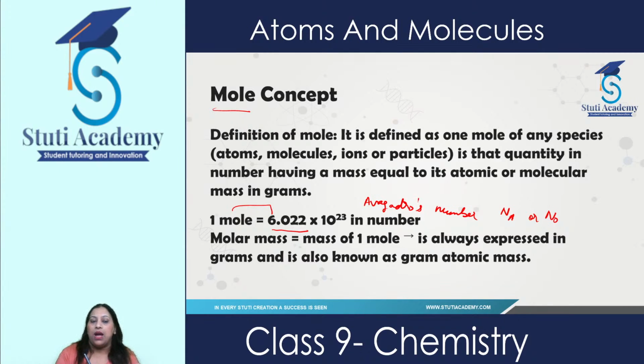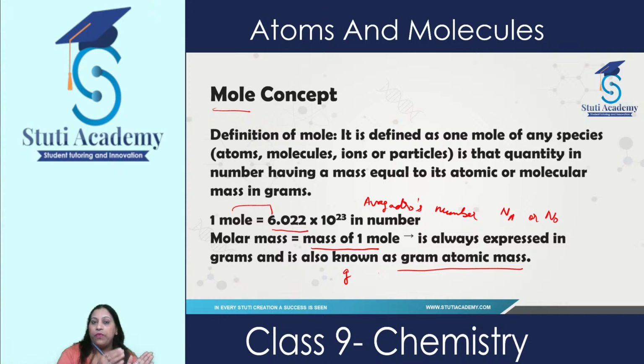And molar mass is equal to the mass of 1 mole. It is always expressed in grams. Let's see how we can express it in grams. If we are representing the mass of 1 mole, we can write it in grams also. It means that in that case we write gram atomic mass.